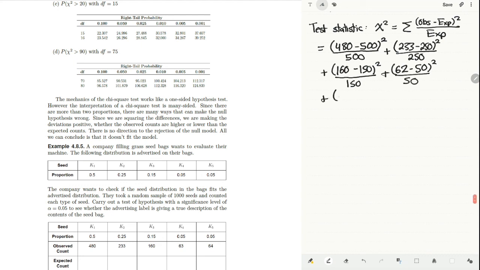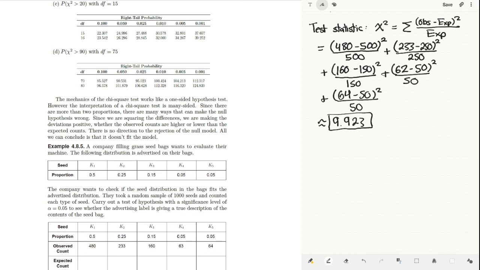And lastly, for seed 5, we observed 64 and expect 50. If you perform the calculation, we end up with a chi-squared statistic of 9.923, rounding to 3 decimal places.